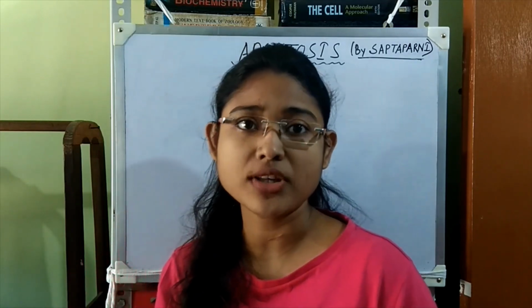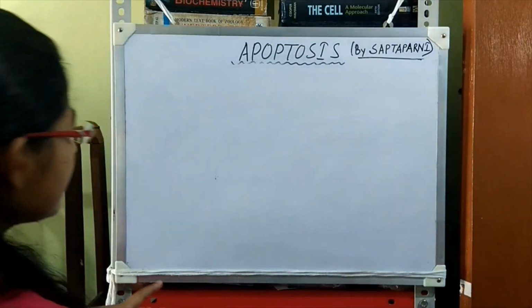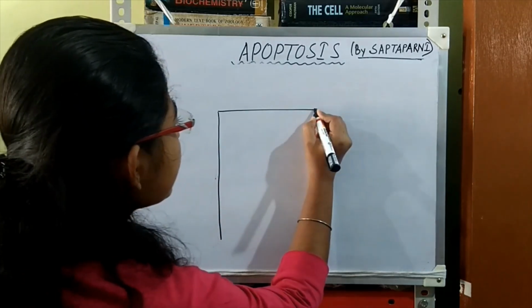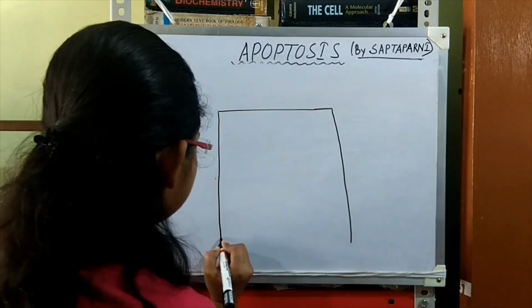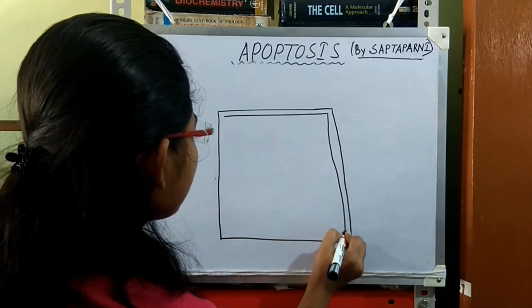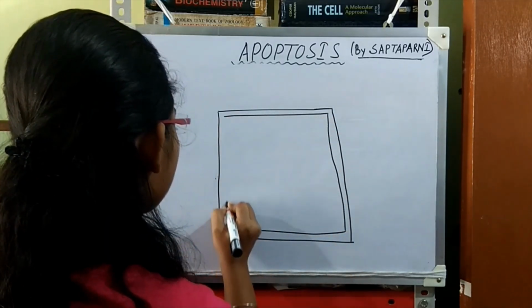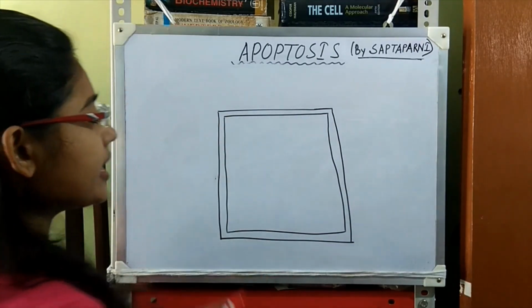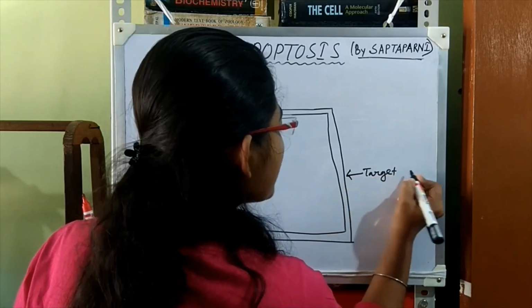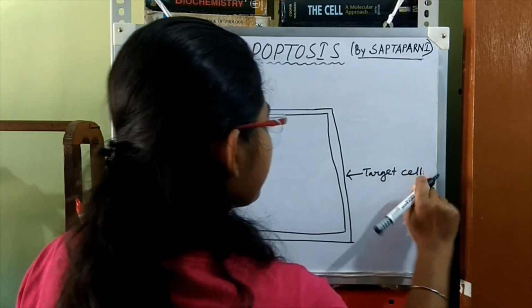So in the extrinsic pathway, what happens? Let's say this is our target cell, and this is the cell membrane. This is the target cell which will be apoptosized, okay?